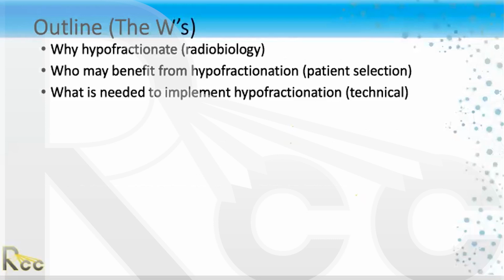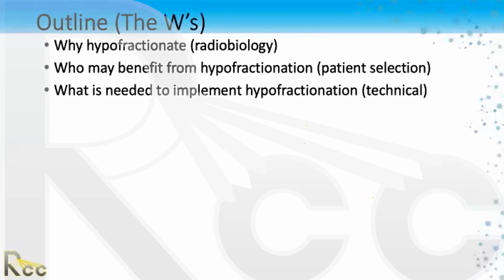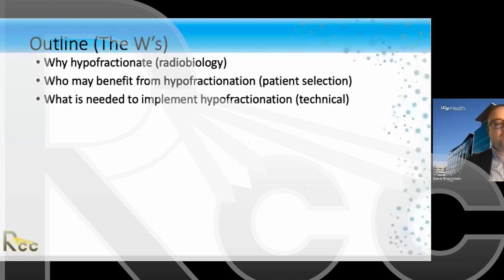To understand the why as to why hypofractionate, we'll talk about the radiobiology. The who, where, and when are all the same: who may benefit from hypofractionation, what is the appropriate patient selection, and then what is needed to implement hypofractionation, more so on the technical and treatment planning side. So many discussion points to consider.